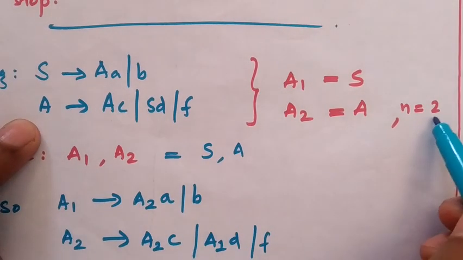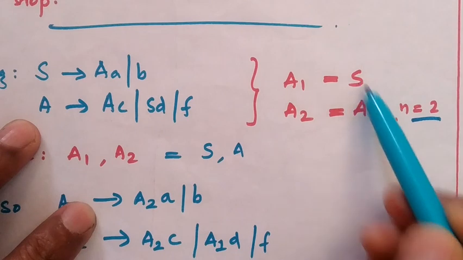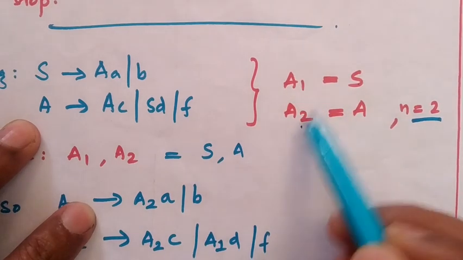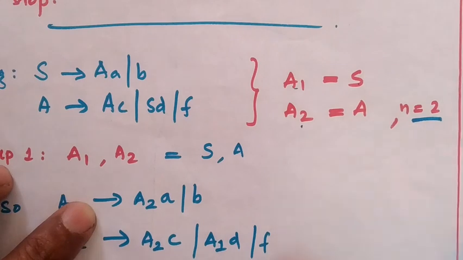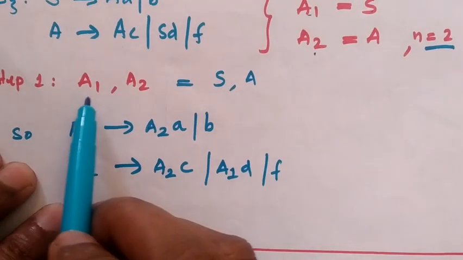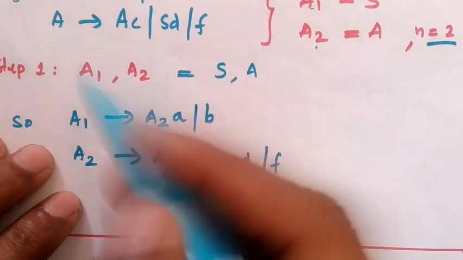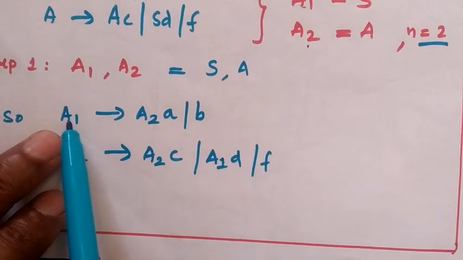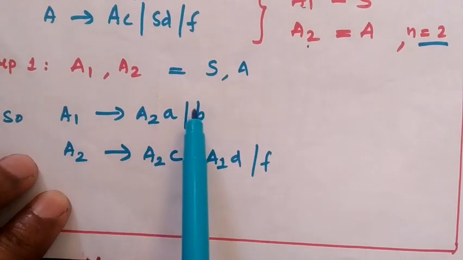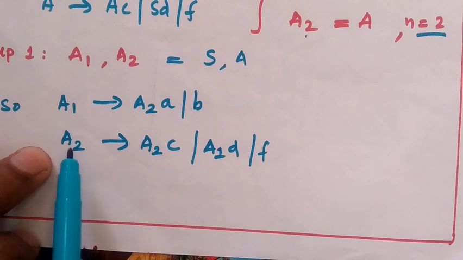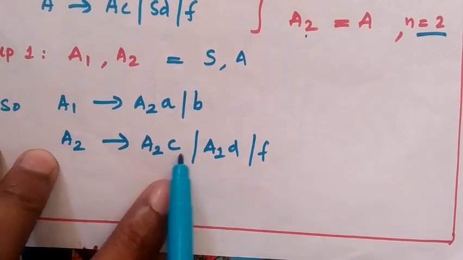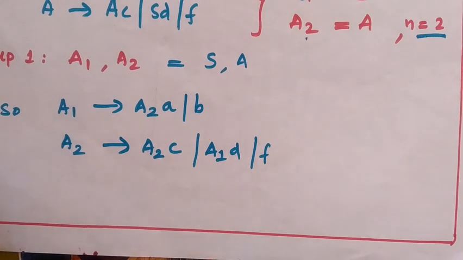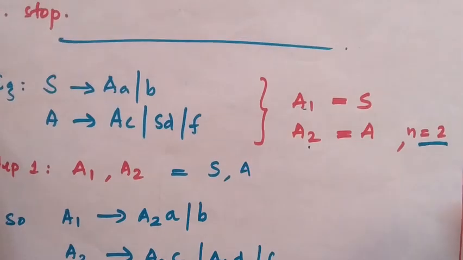So I am ordering these two non-terminals in the form A1 and A2, where A1 is S, A2 is capital A. So I am rearranging the above grammar as A1 gives A2A or B, then A2 gives A2C or A1D or F. This is step 1.